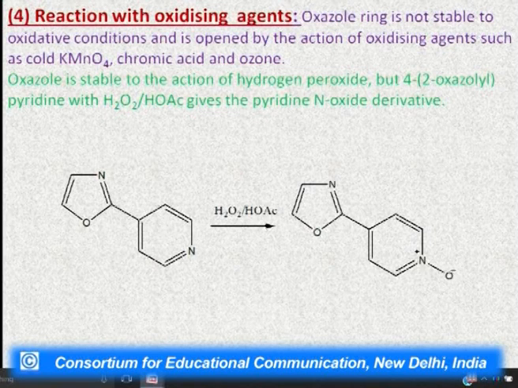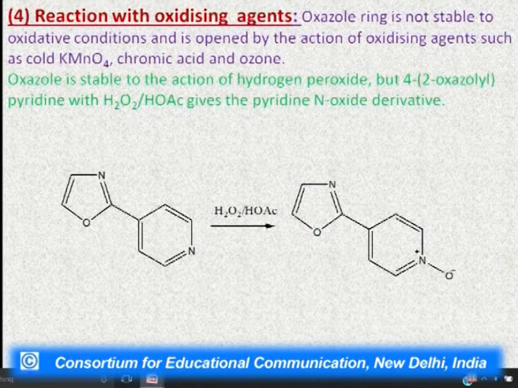Oxazole also reacts with oxidizing agents. The oxazole ring is not stable to oxidative conditions and is opened by the action of oxidizing agents, for example cold KMnO4, chromic acid and ozone. Oxazole is stable to the action of hydrogen peroxide.